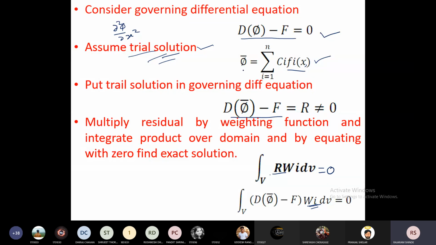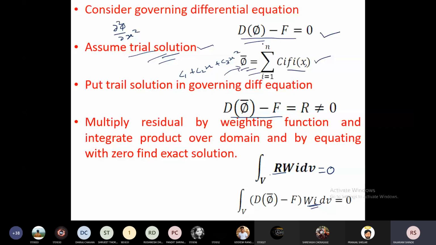That is, phi bar is the assumed solution. It is the summation of Ci fi x, in the form of C1 plus C2 x plus C3 x square. It is a short form of this polynomial. After that, you put this trial solution in the governing differential equation and solve it using the trial solution.